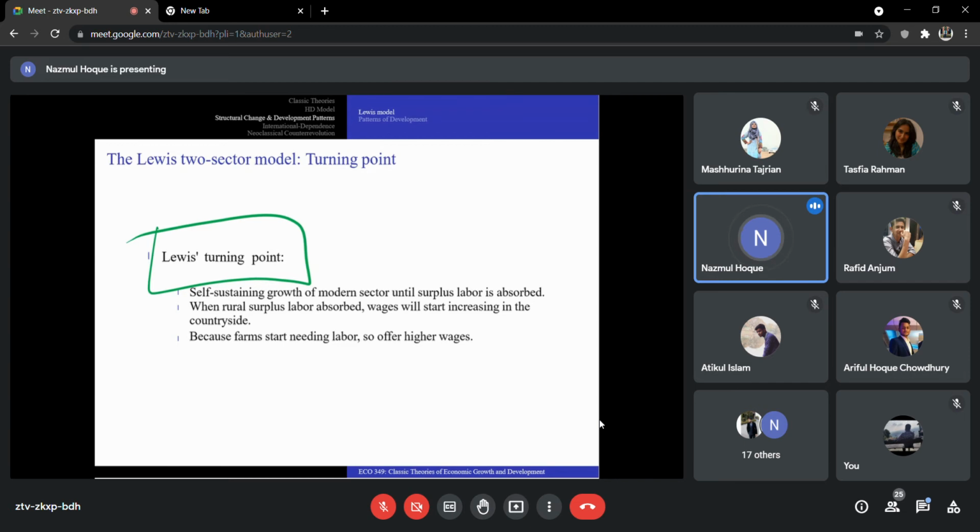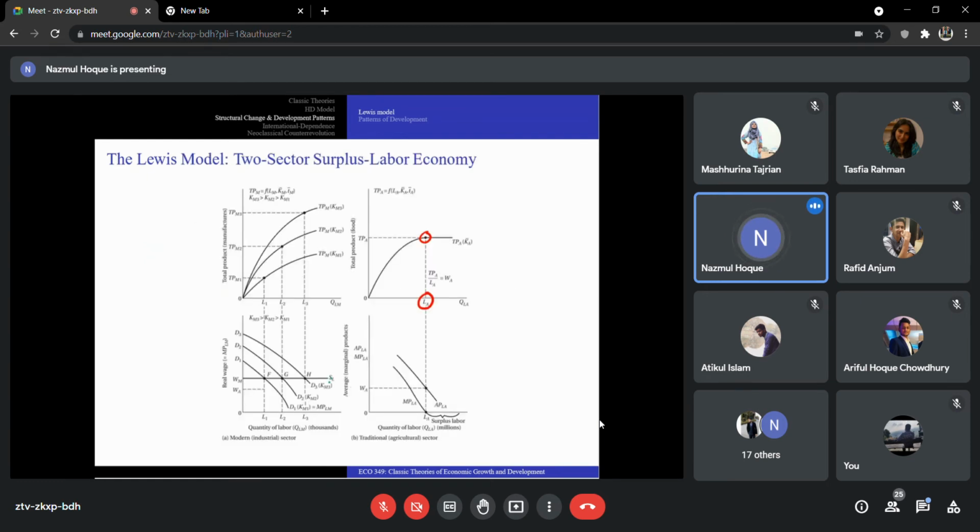So basically, all the surplus workers are absorbed in the modern sector. To attract more workers from the agricultural sector, the modern sector employer would have to pay higher wages. So the wage rate in the modern sector would start to rise. That means the labor supply curve would become an upward sloping line.